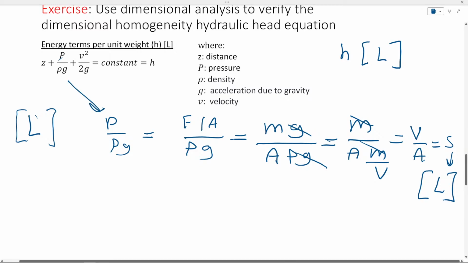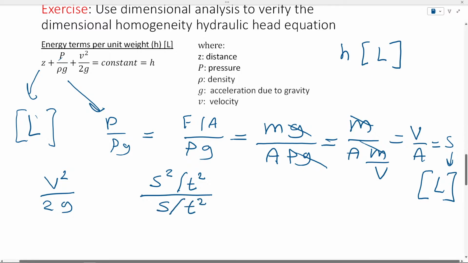So this term is L, and this one is also L. Can we do the last one? Yes. V squared over 2g. V squared is S squared over T squared, because velocity squared over g, the acceleration due to gravity, and acceleration is S over T squared.